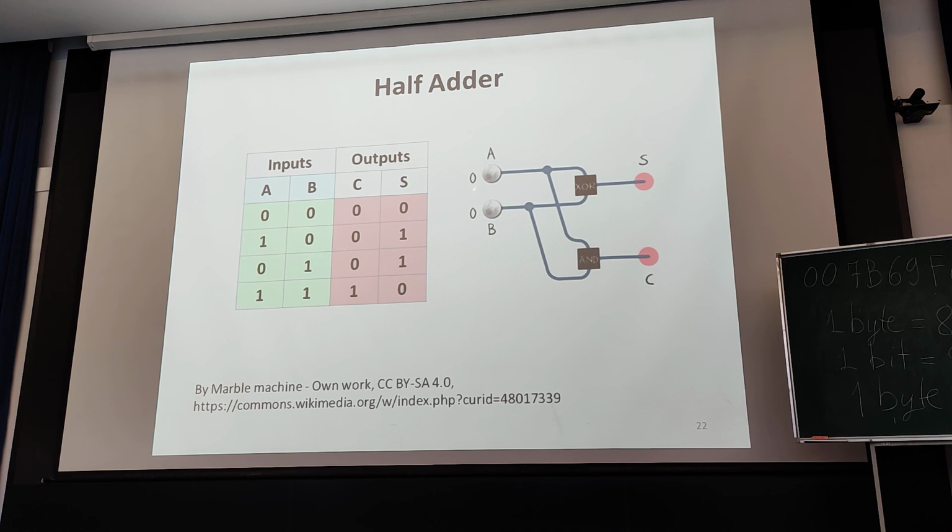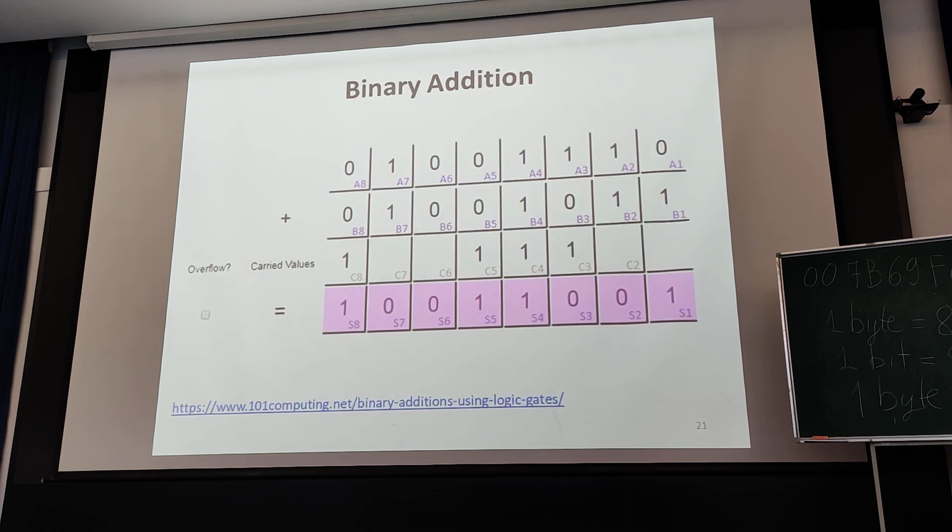If the signal is 0 and 0, we have the output 0. 0 and 1, we have the output 1. 1 plus 1 becomes 10: you remember 1. 1 plus 1 and remember 1 becomes 11.